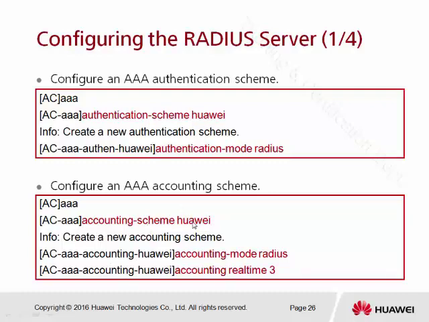Inside this accounting scheme, I'm using the accounting mode also radius. That means for all the authentication and accounting right now, everything will depend on the RADIUS server. I don't do the authentication on my AC here. All will be pushed to the RADIUS server. And we can also change the real-time interval for the accounting here.